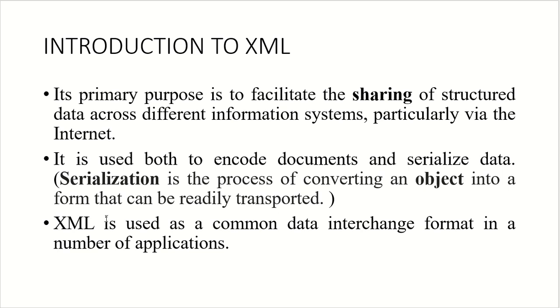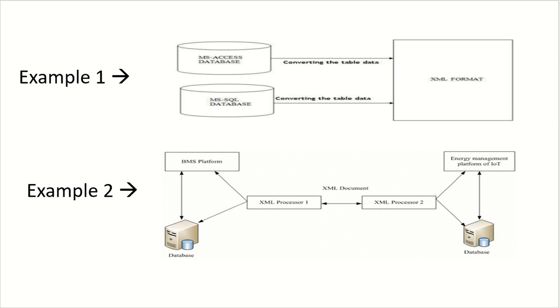Alright, so XML is used as a common data interchange format in a number of applications. Okay? So the next example that we can read is here. Now this is the BMS platform. BMS is Building Management System platform. So it is having a database. Now this platform needs to communicate with an IoT Energy Management System platform.